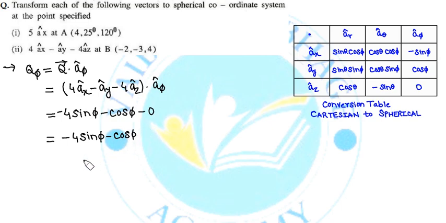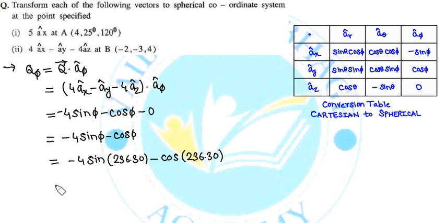You just simply put the values of phi over there. We have that phi from the previous slide, which is 236.30 degrees, in minus 4 sine of phi minus cos of phi.